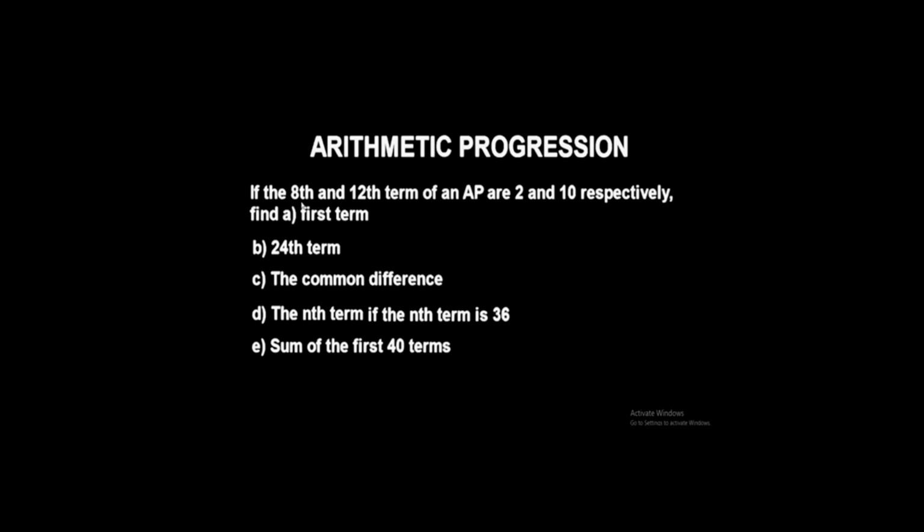So here we have the 8th and 12th term. These 8th and 12th terms will be the x values, whereas what the 8th and 12th terms actually are will be the y values. Okay, let's just do this, guys. Now you understand it better.